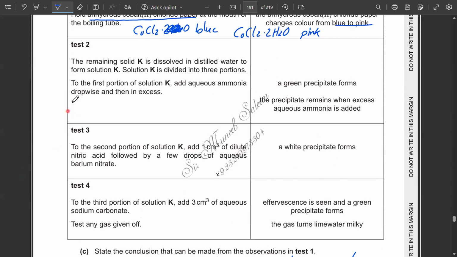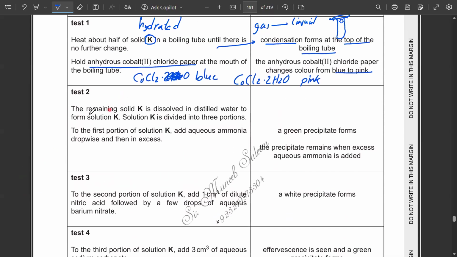Now let's look at test 2. Test 2, when performed, was divided into 3 portions by dissolving in water. To the first portion of solution K, they added aqueous ammonia dropwise and then in excess. The result was that a green precipitate forms, and the precipitate remains when excess aqueous ammonia is added.